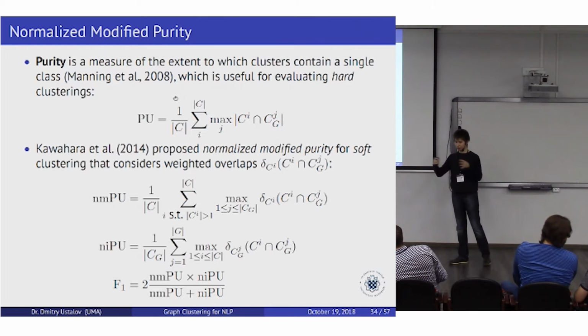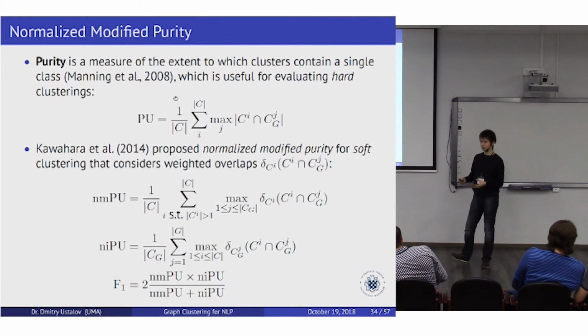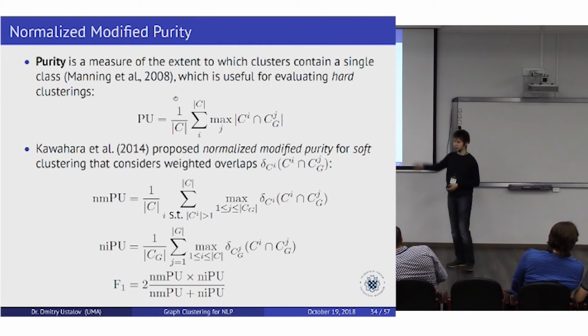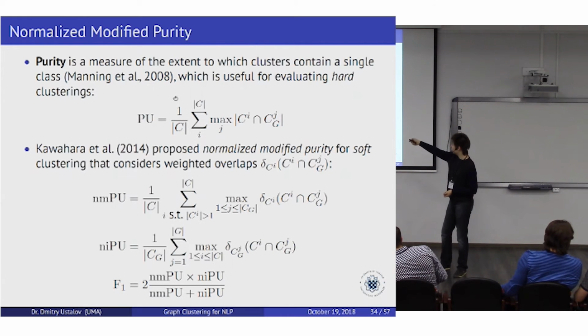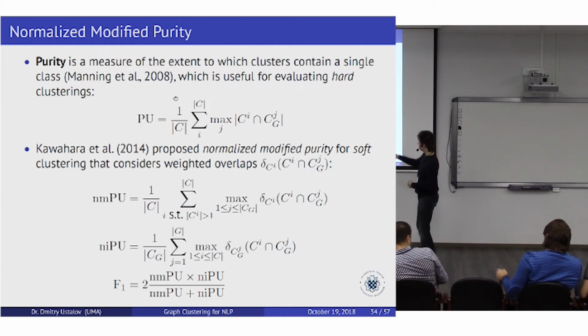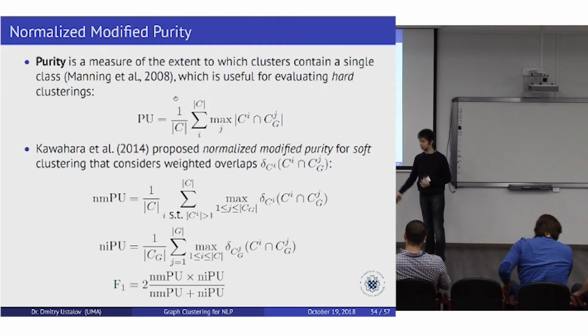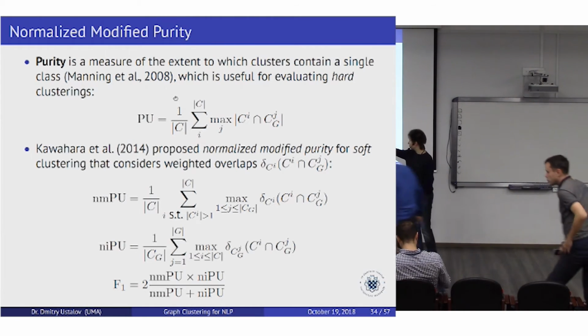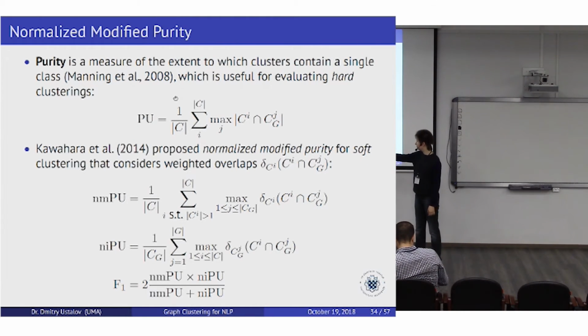So in case you have a cluster of objects of the same class, you have the purity of one, otherwise it's not. And they generalize this notion by doing this. This notation is crazy, right? Don't read it. The idea is, let's compute purity as the precision and recall.